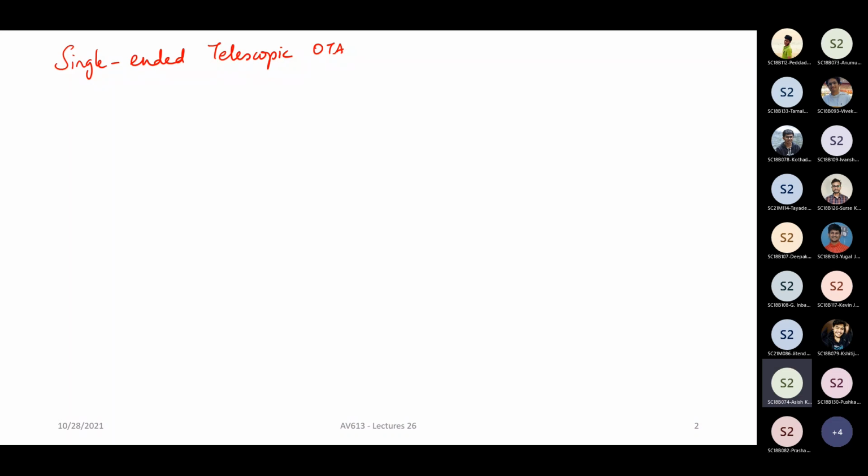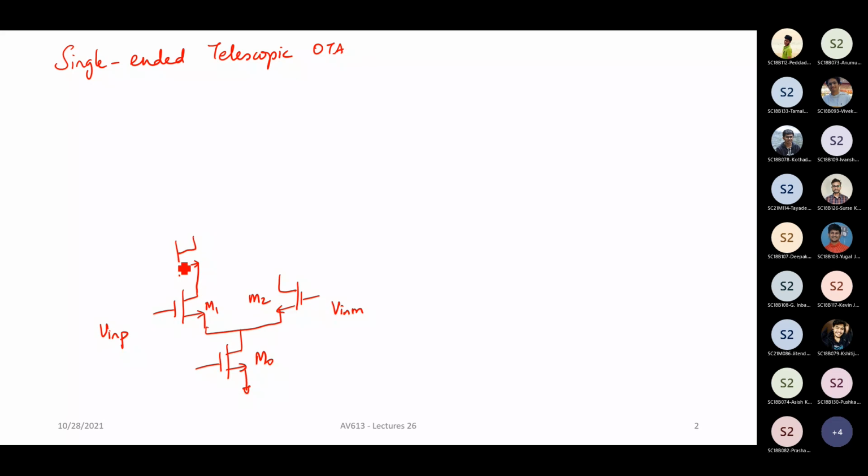Correct. So what happened was you had your basic differential pair, but the current source load was replaced with a current mirror load. That is very similar to what we will be doing in the case of a telescopic op amp also. So let's say this is M0, this is M1 and M2. Let's say this is V in plus and V in minus, and this is cascoded, right?